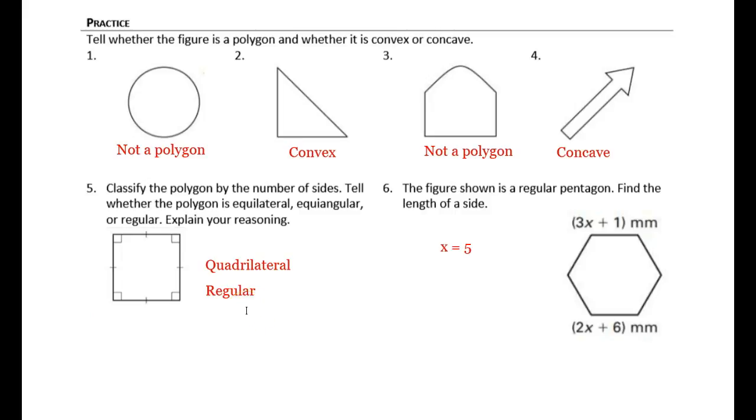And I didn't go over the different types of polygons, but see if you can remember some, starting with triangle, quadrilateral, pentagon, and so on. We'll be practicing that today in class. And then the last one, you were to find the length of a side. I just found x. X equals 5, and the side length is 16 millimeters. All right, let me know if you've got any questions.